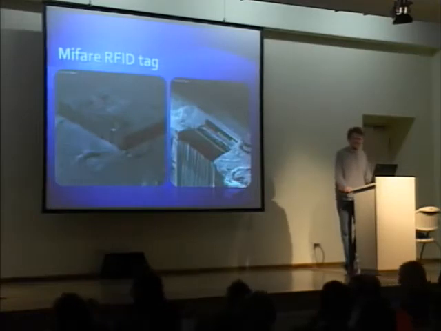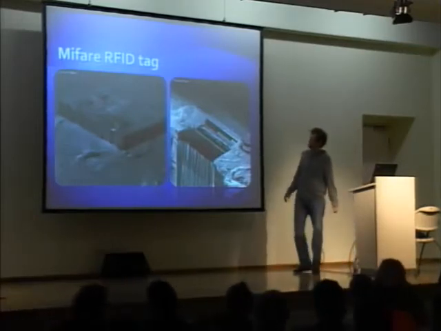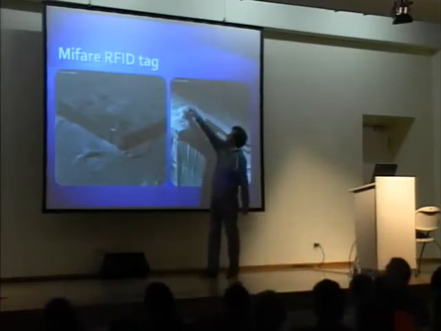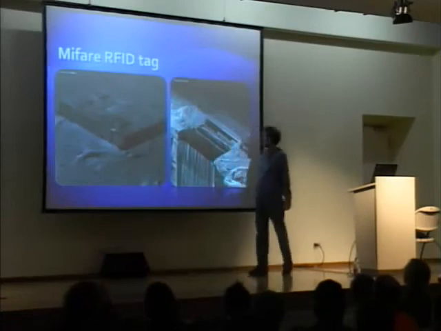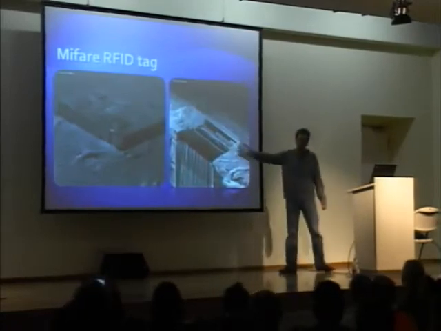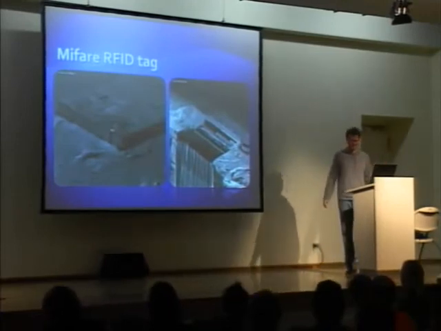But you do see the dimensions in which we work, right? This is a scale of 10 micron, so this is less than a micron apart. You have to polish really, really softly.